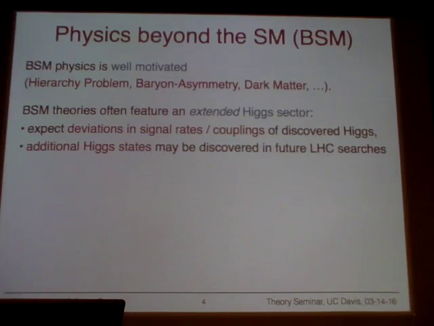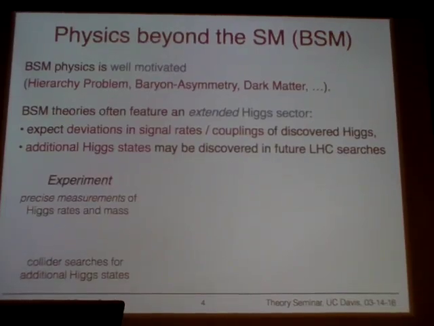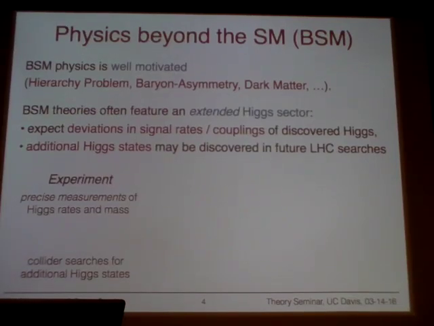So in order to really study BSM physics with Higgs data, we need on the experimental side really precise measurements of these rates and the mass, and also we have to continue looking for additional Higgs states.